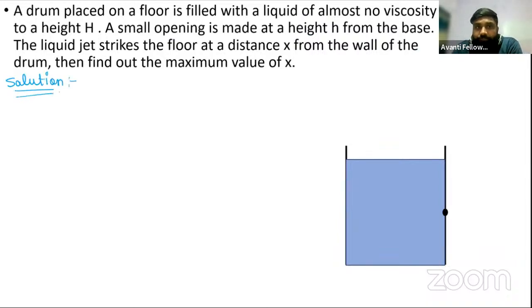A drum placed on a floor is filled with a liquid of almost no viscosity, which means the viscous force here has no role, up to a height capital H. So this liquid is filled up to a height of capital H. Now, a small opening is made at a height small h from the base.